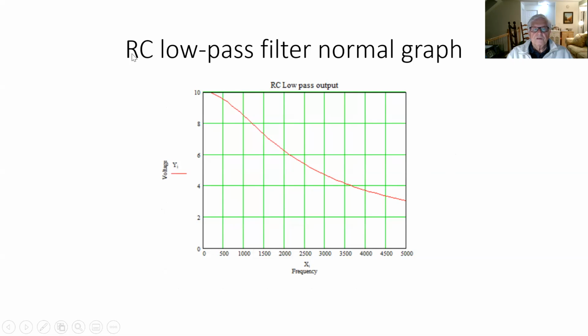If we use an RC low-pass filter, your normal graph would look something like this, with a frequency range from 0 to 5,000, and that's our voltage output.